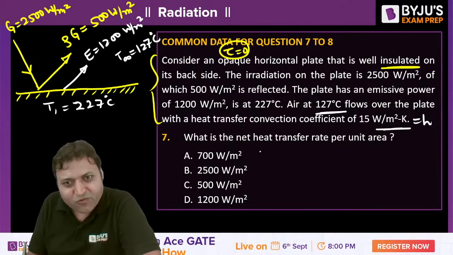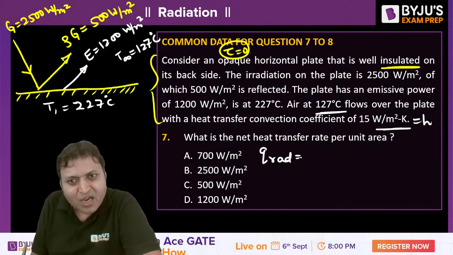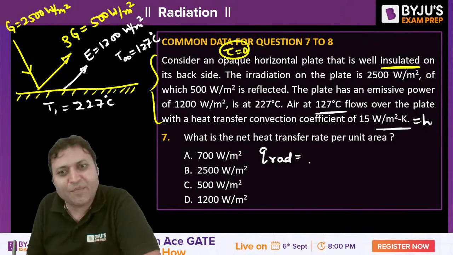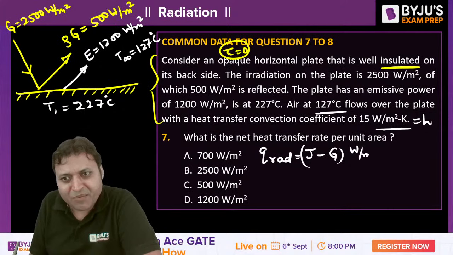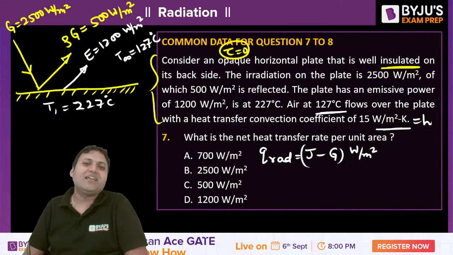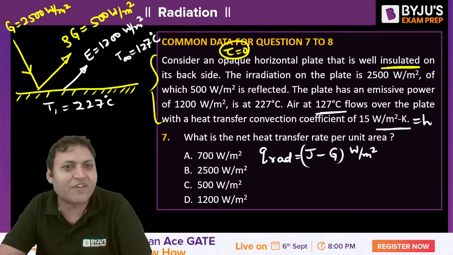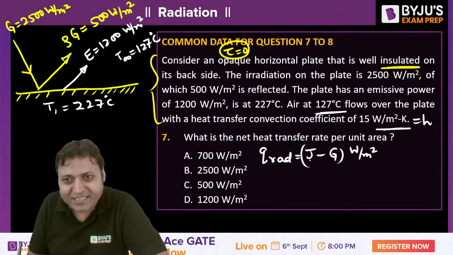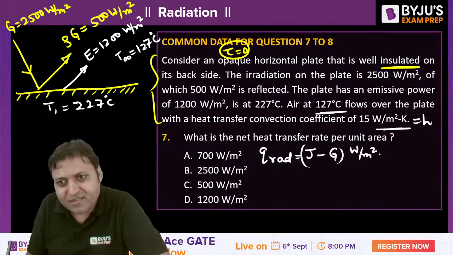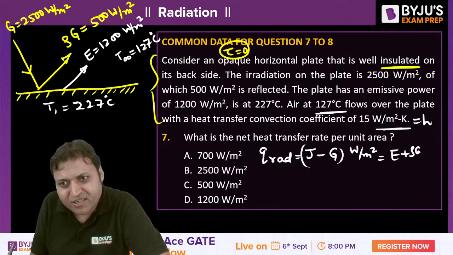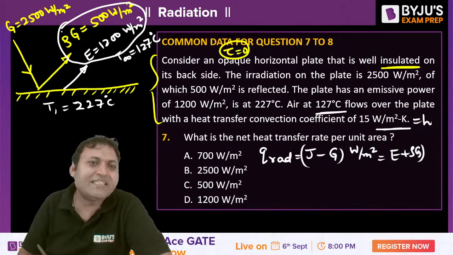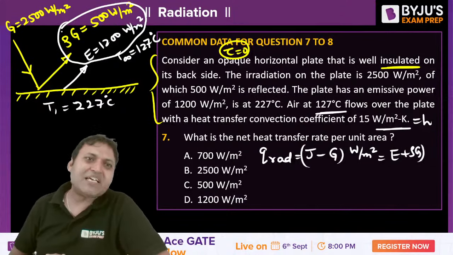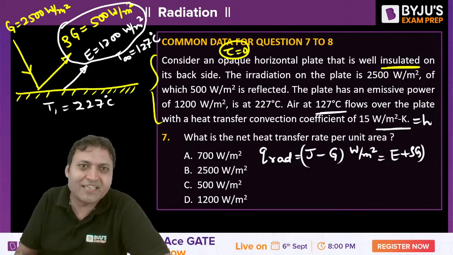First of all, we need to find out Q radiation. How much net radiation will take place? That is J minus G, in terms of watt per meter square. The net radiation from the surface is J minus G. And what is J? That is E plus rho G. J is the radiosity, that is emission plus reflected radiation.